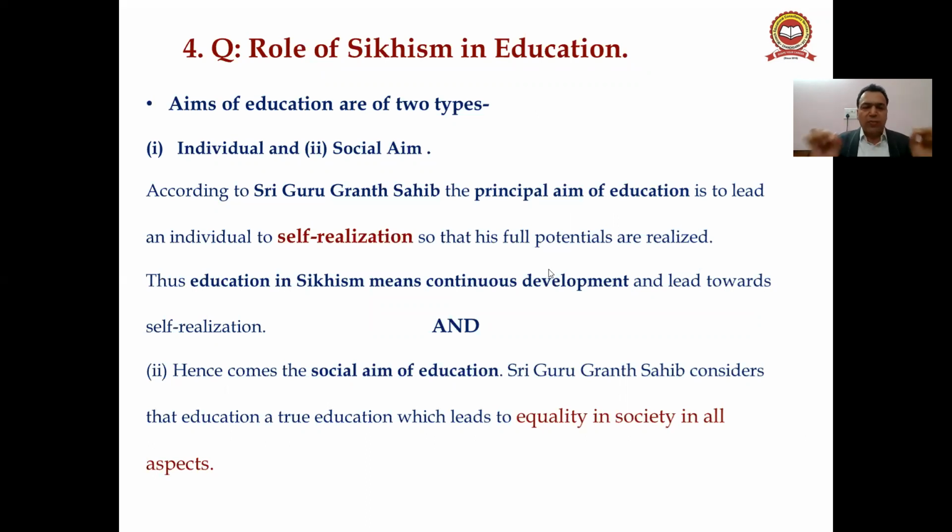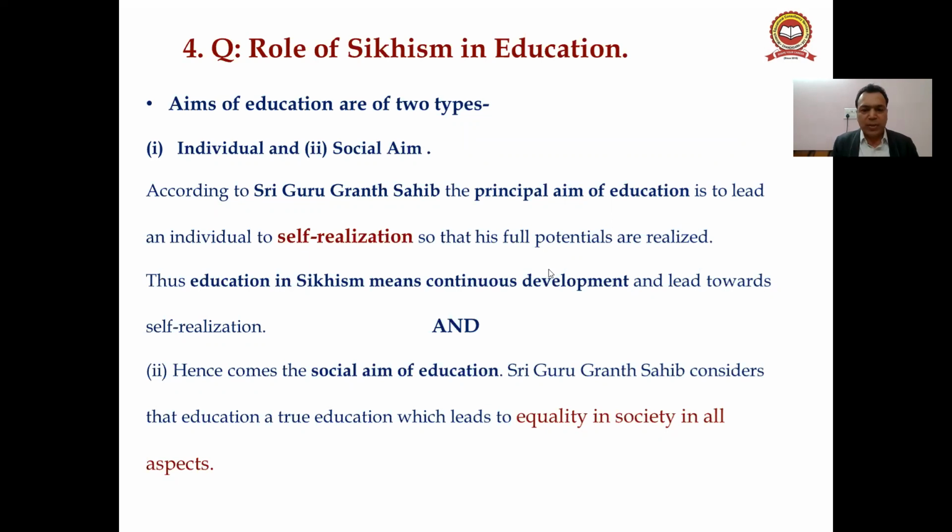According to the individual aim, Sikhism philosophy says that education should be such that there should be development of self-realization. Education should lead to self-realization. Such type of education should be there according to the first principle of this Sikhism philosophy. And the second principle is the social aim of education.